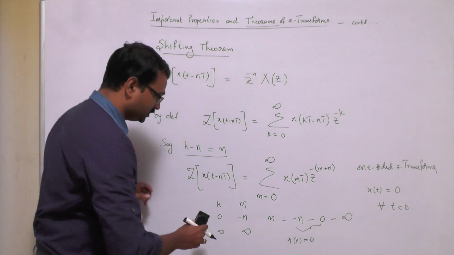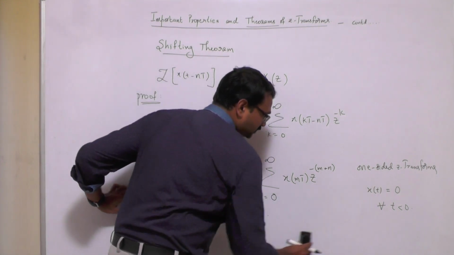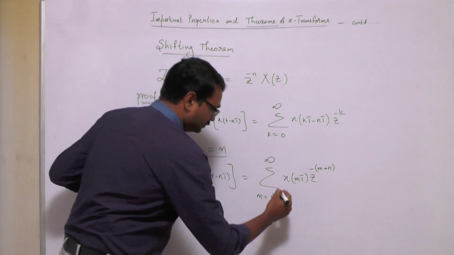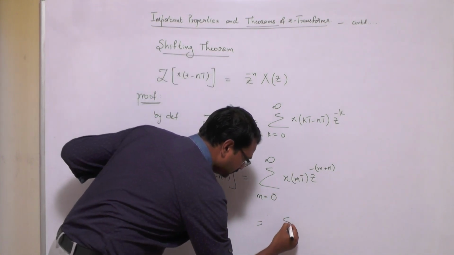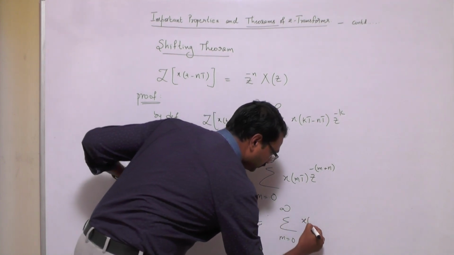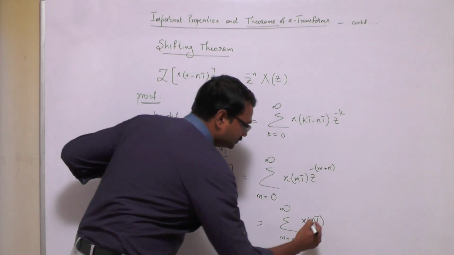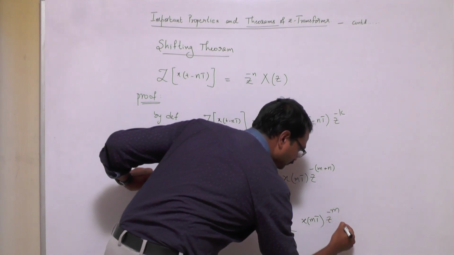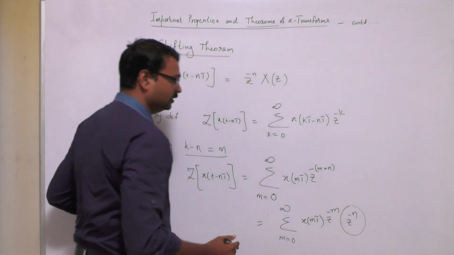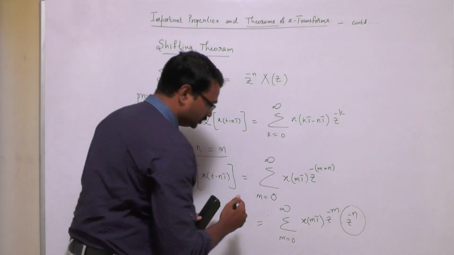With this equation in mind, we can separate sigma m is 0 to infinity x of mt z power minus m into z power minus n. Now this can be pre-multiplied here.